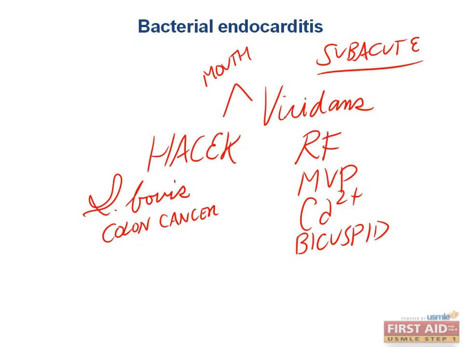What's going on? If we culture Streptococcus bovis out of a patient's blood with infective endocarditis, what should we be worried about? Well, let's say we send them to our gastroenterology buddy. Those are the best kind of friends to have, and we have an immediate colonoscopy done because we're worried about colon cancer. Wait, why do we just send them to our colonoscopy buddies? Do we just like doing that? Well, did we just accidentally hit the colonoscopy button?